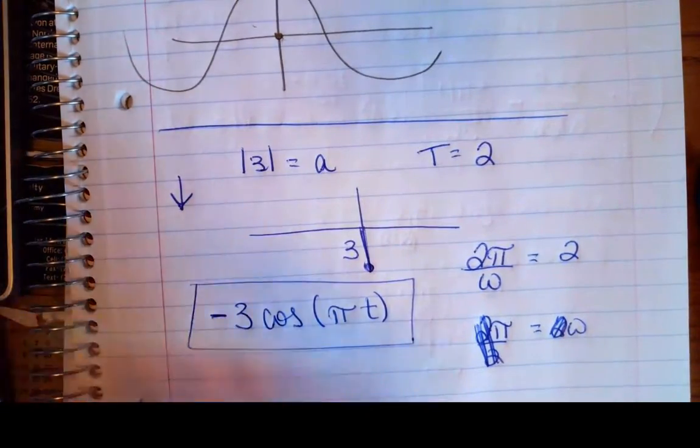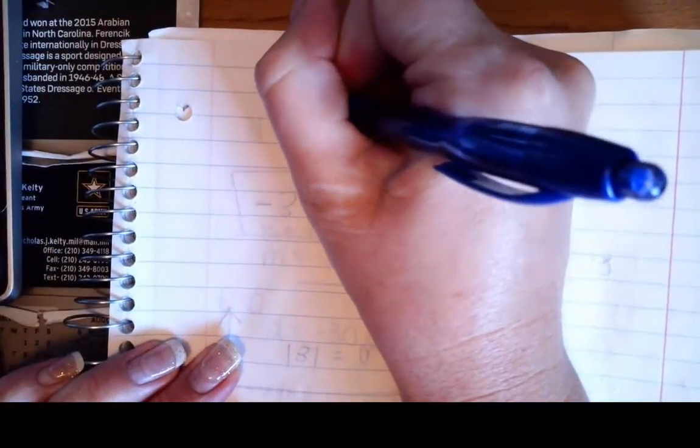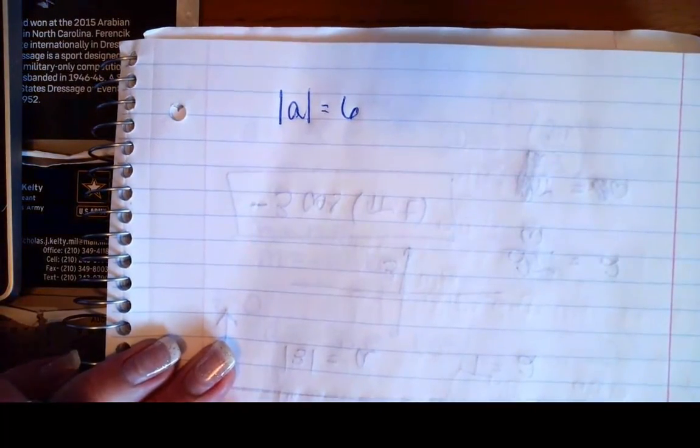So let's try another one. We have an object attached to a coiled spring and it is pulled down a distance, A, and my A is going to be 6, from its rest position, and then it's released.